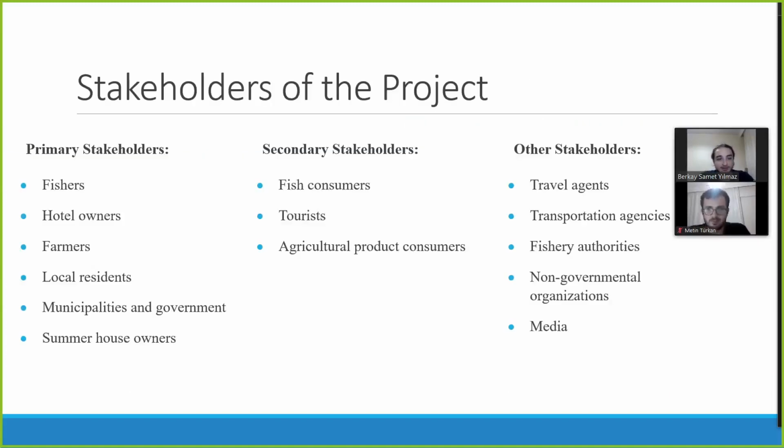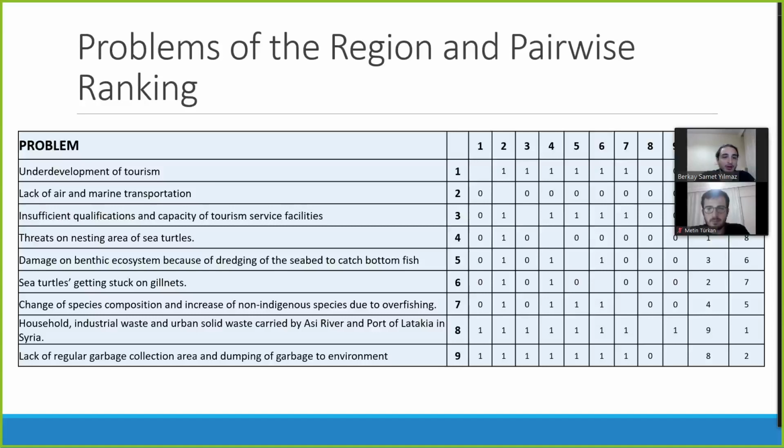We defined and grouped stakeholders of the project in three parts: primary, secondary, and other stakeholders. Then we determined the problems from the project plan, and we did pairwise ranking.